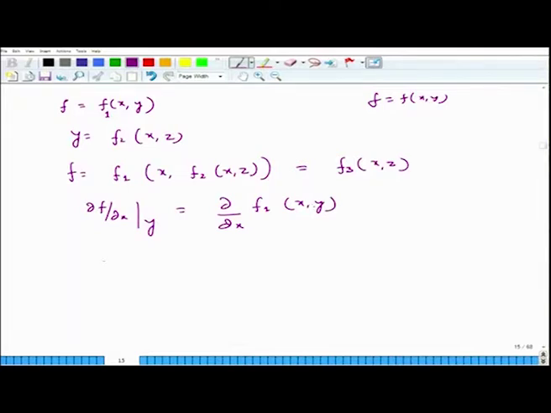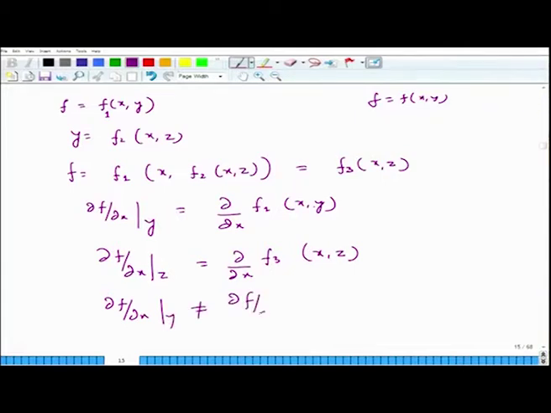or del f by del x at constant z is del f by del x, because this is x and z, we are going to consider f3(x, z). So, clearly in this case del f by del x at y is not equal to del f by del x at z.